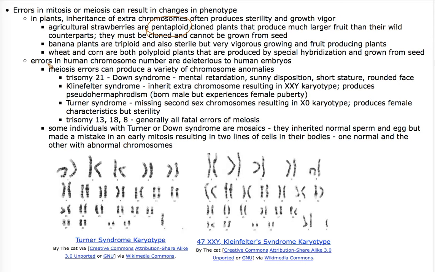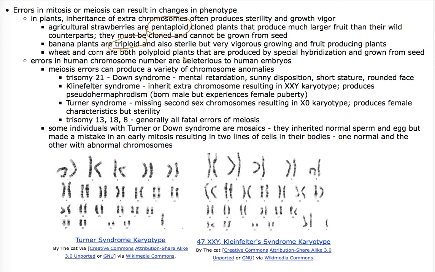But with human cultivation and human care, those plants can be kept alive despite the fact that they're clones and parasites are trying to destroy them. They're saved by people pulling weeds and spraying herbicides. So, banana plants are triploid. They're very vigorous growing and make huge fruit.